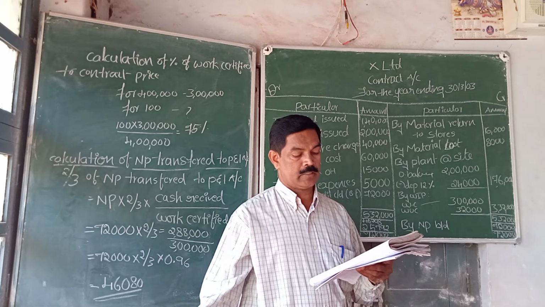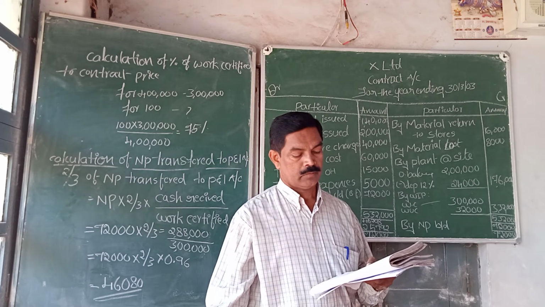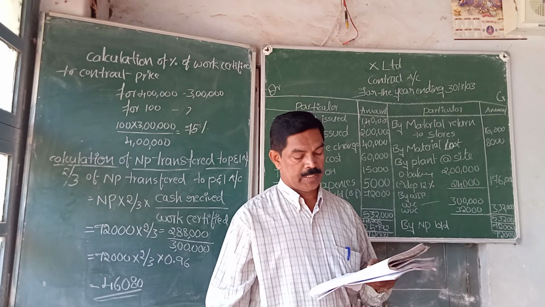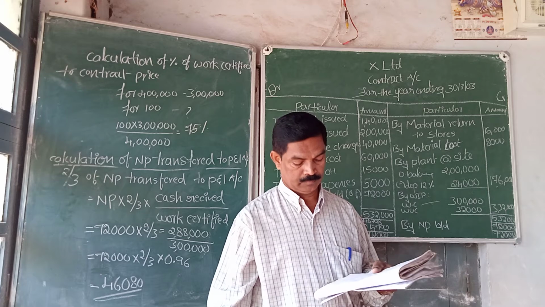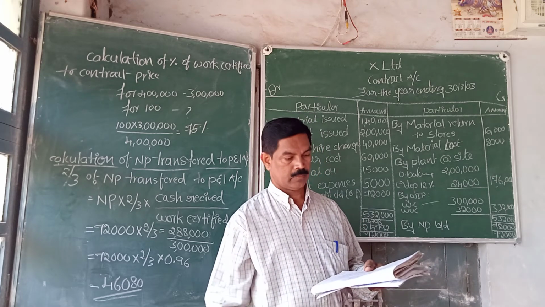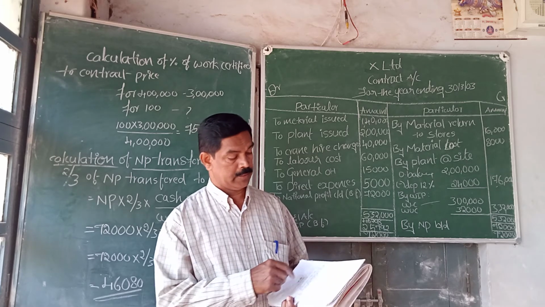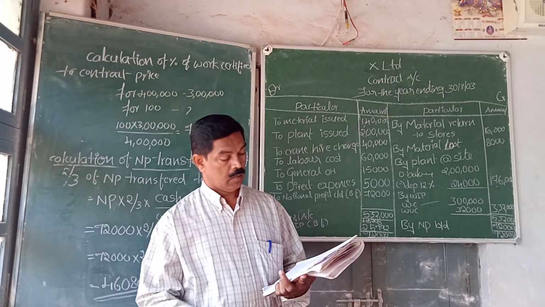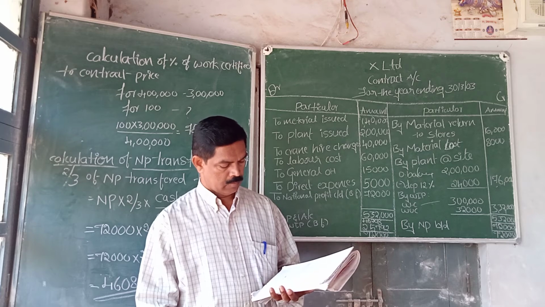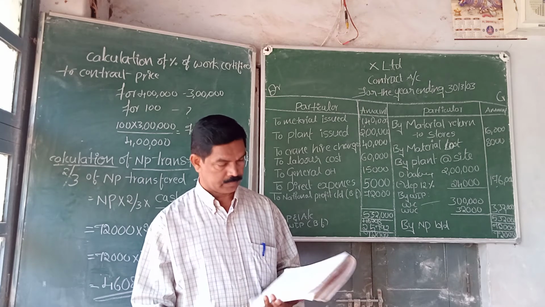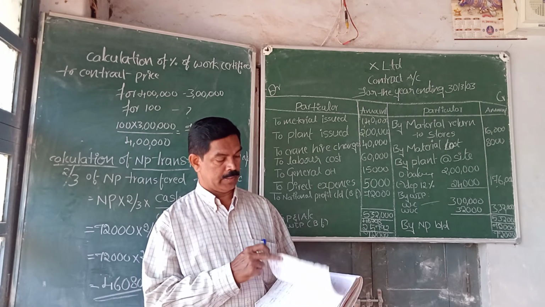Target date of completion is 30th March 2003. An adjustment is given for the estimated cost, but for that we have no other information, so we have not taken that estimated cost; we need not take it. We will prepare the contract account for the given period.